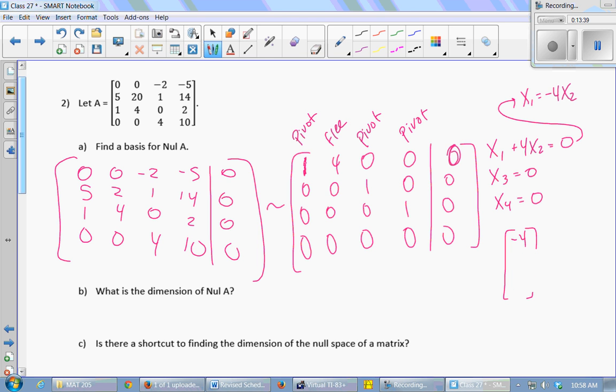And if I threw an x2 on there, that would give me exactly this system of equations. x2 is the free variable, so you need the 1 to keep the x2 free. I should write x2 free over here. So this is my spanning set. This is my basis.